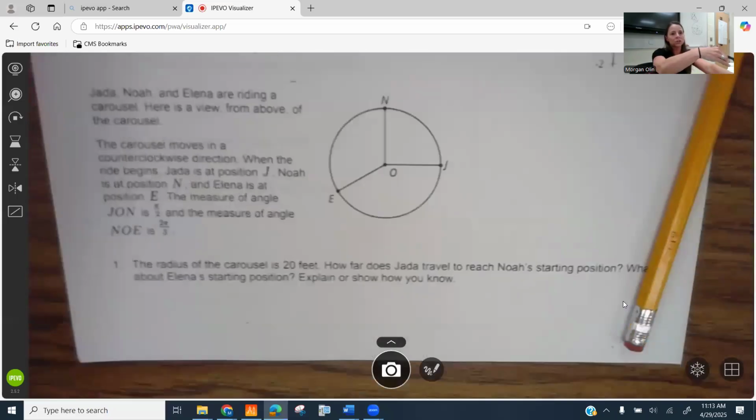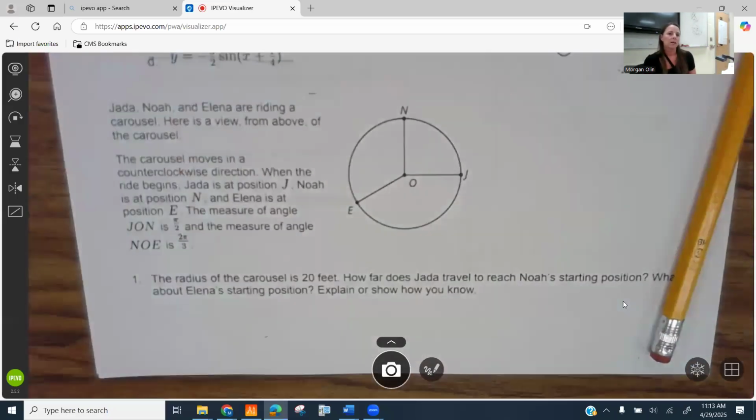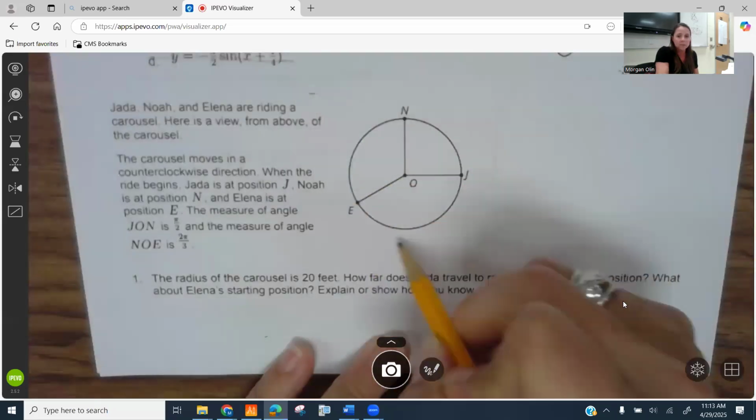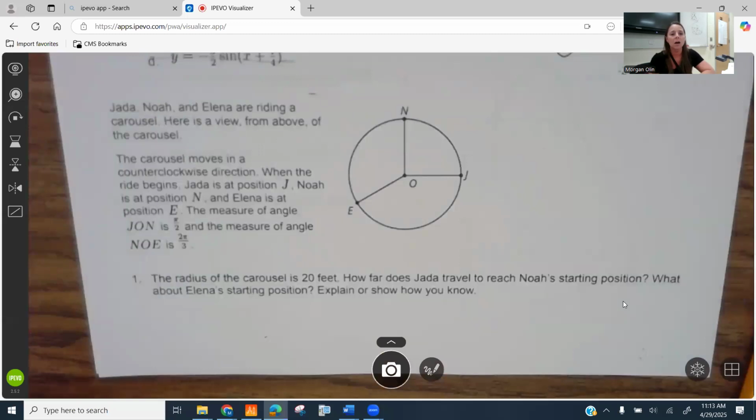All right, now let's go to Jada, Noah, and Elena. They are riding a carousel. Here's a view from above of the carousel. The carousel moves in a counterclockwise direction, so it's going to go from J to N to E, the opposite of a clock.